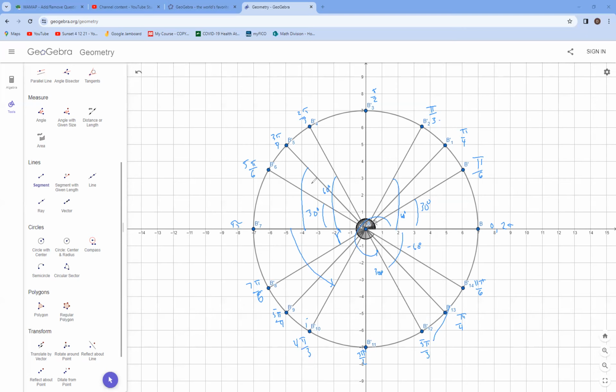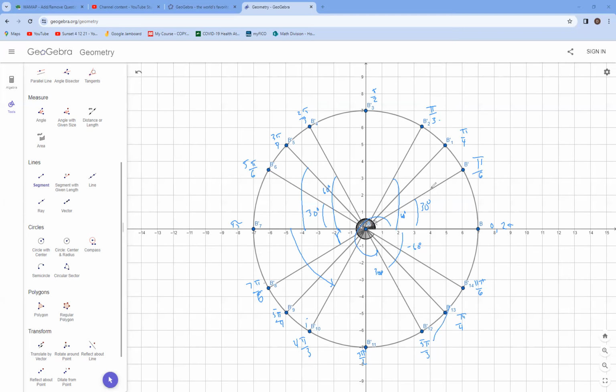So the 60 degree ones all have a 3 at the bottom. It is kind of backwards that the 60 degrees are pi over 3 and the 30 degrees are pi over 6. But all of these with the 30 degrees, the pi over 6s, are these 4 down here that are pi over 6.